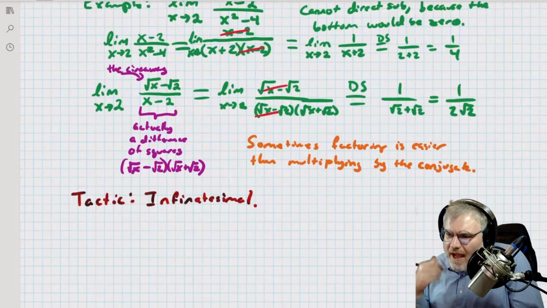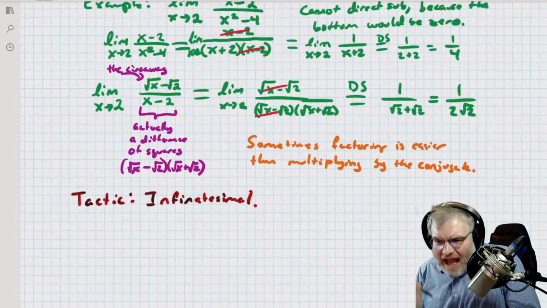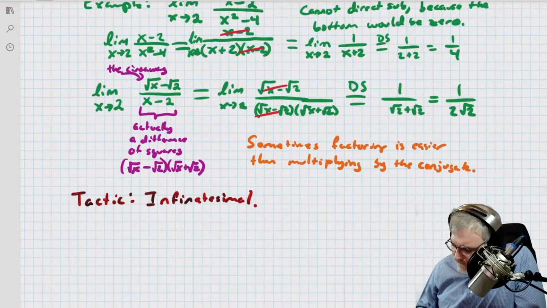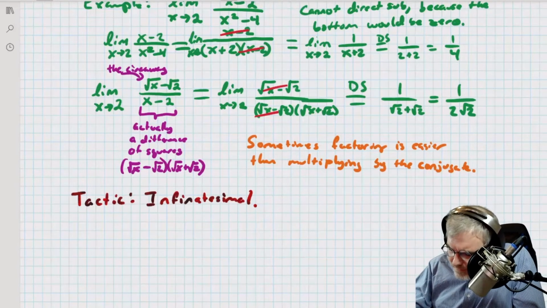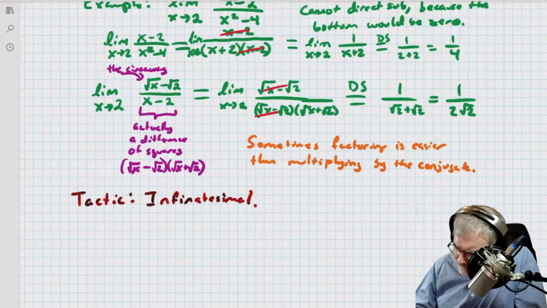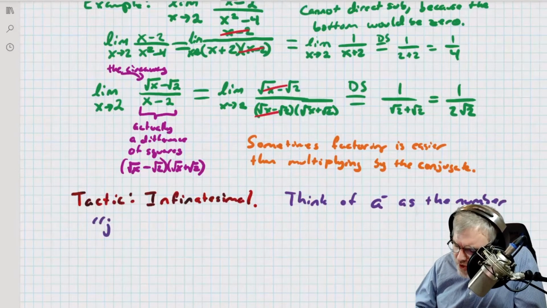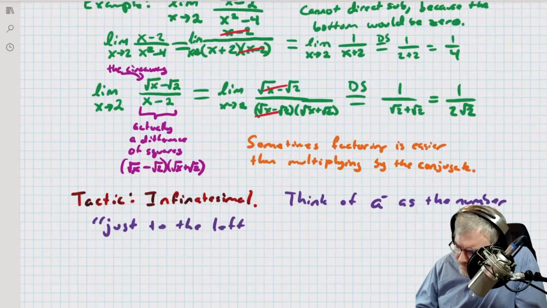So, how can I do that? That's the thing. I want to think about the number that is just to the right. Let me give you an example. So, think of a minus as the number just to the left of a.